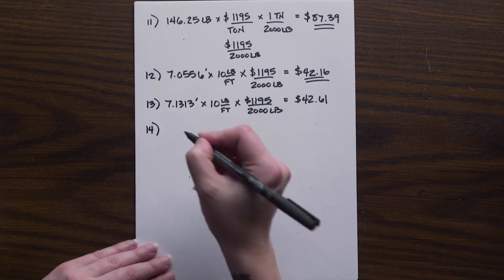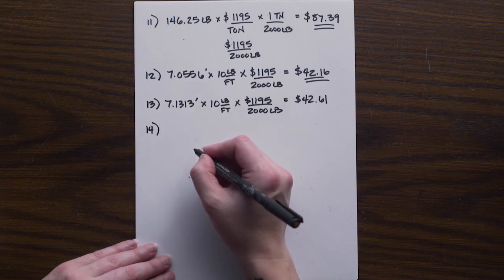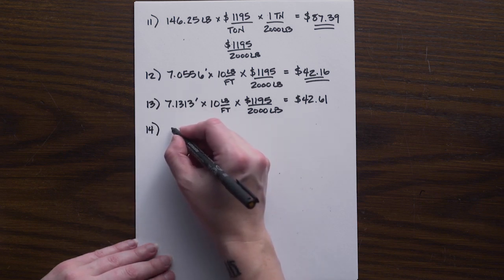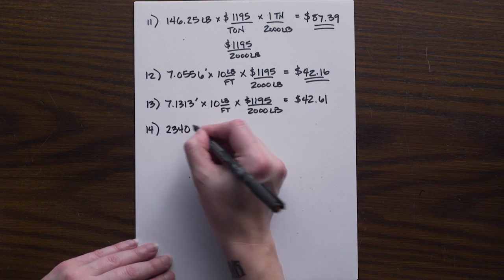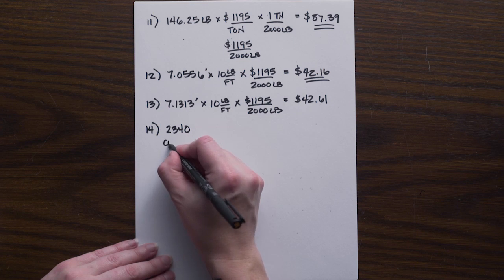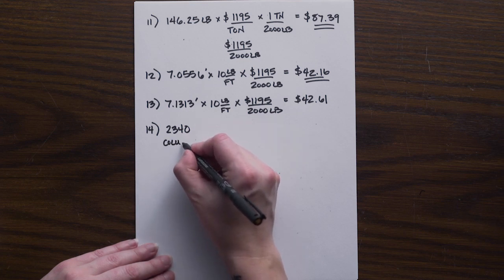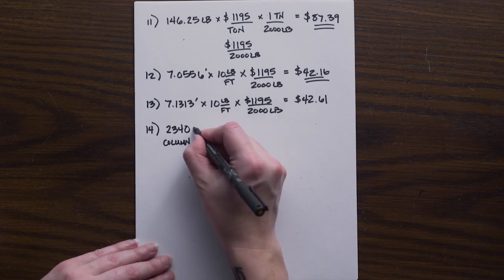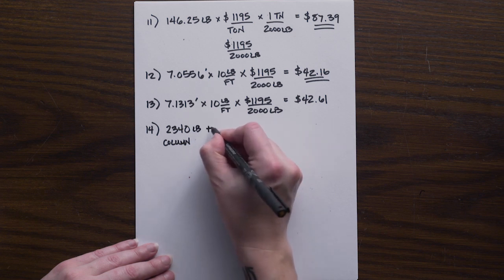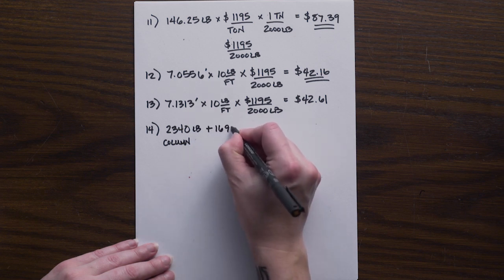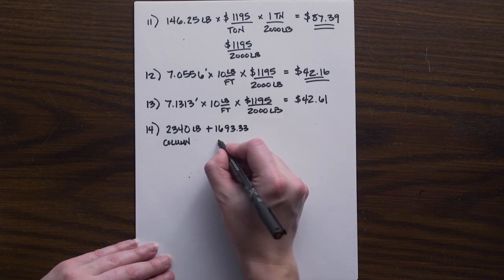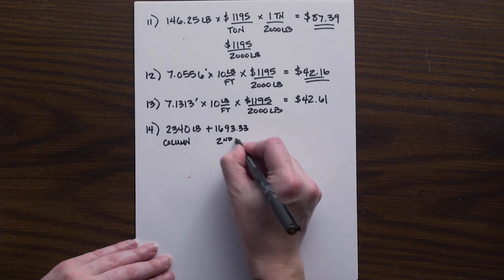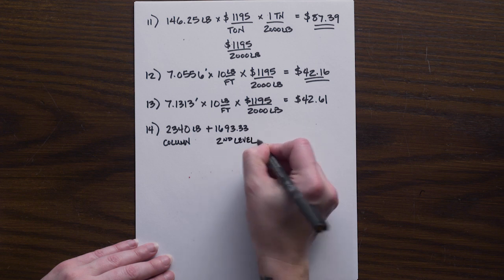Number 14 then is looking at the total weight of all of our steel. So we had our columns that we have from our number 2. So that was 2340 pounds. We had 1693.33 repeating, and this came from our second level beams and girders.